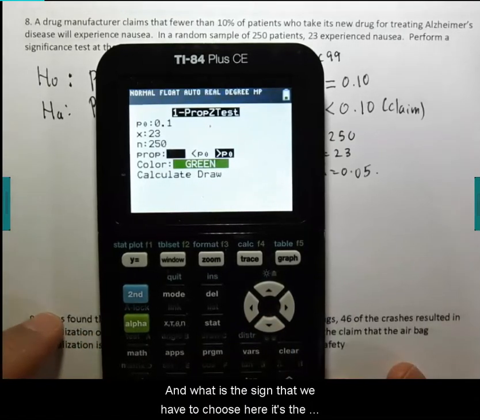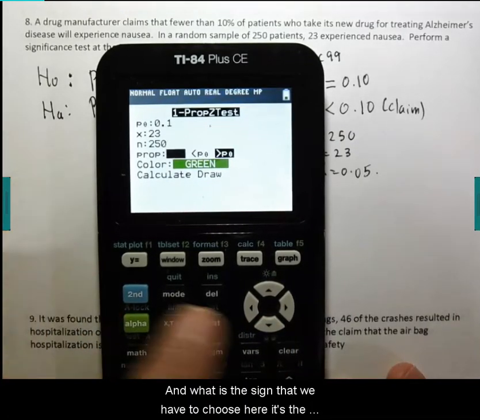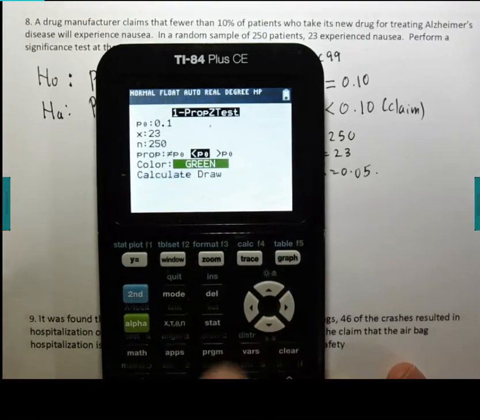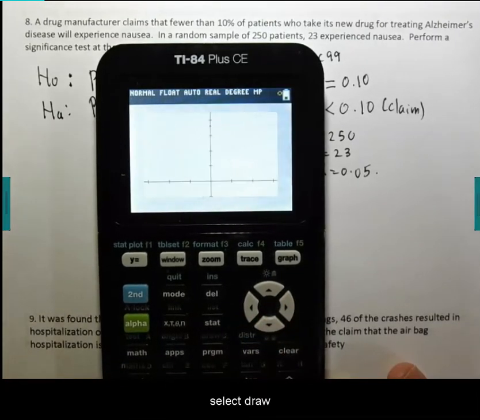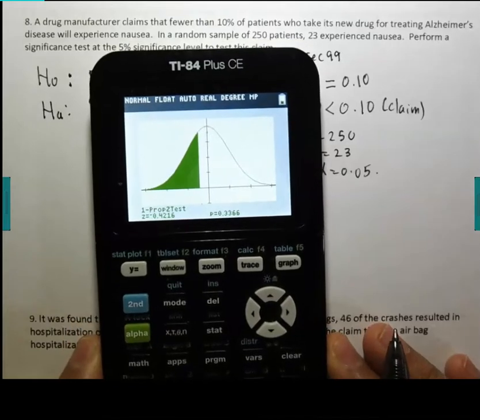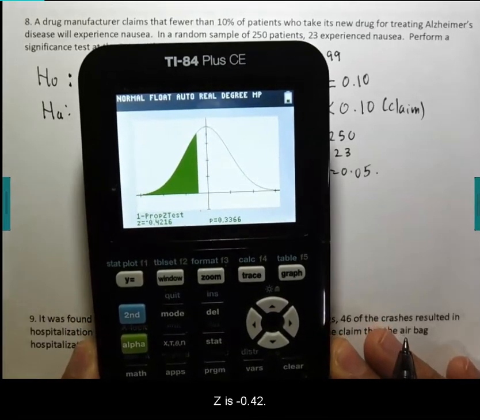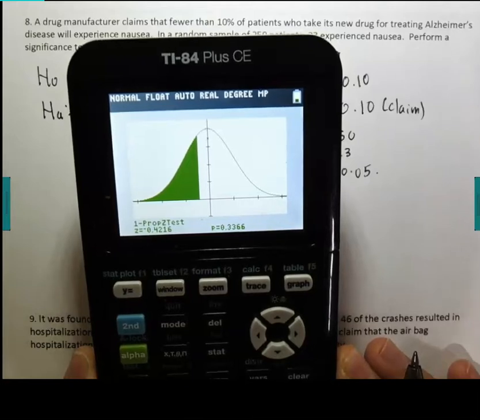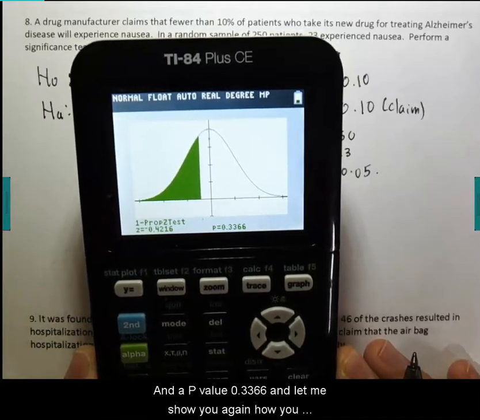And what is the sign that we have to choose here? It's the alternative sign, so it's less than. Let me just do a draw here for you. Okay, so the z is negative 0.42 and the p-value is 0.3366.